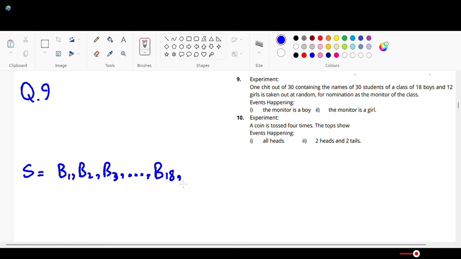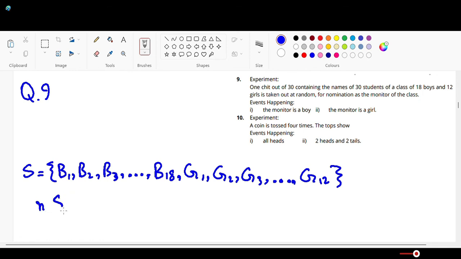And it consists of all the girls from G1, G2, G3, all the way to G12. So the number of elements in the sample space is 30, as we already know, because we were told that there are 30 students.